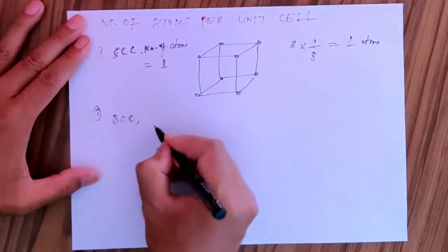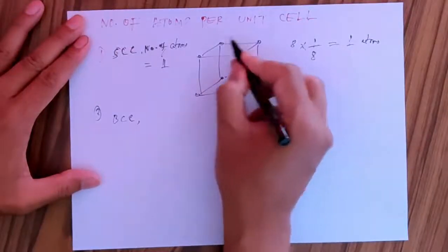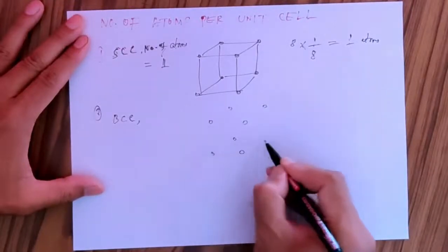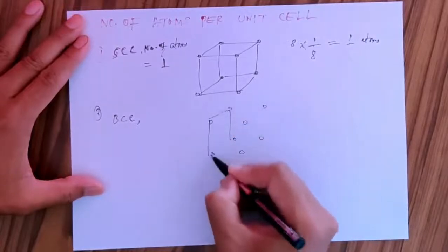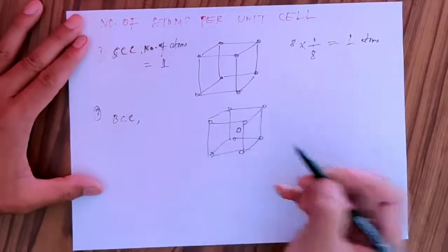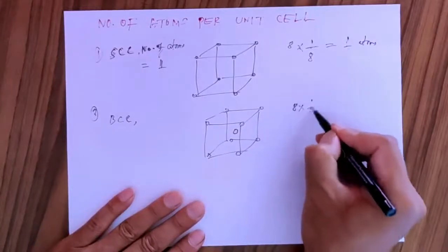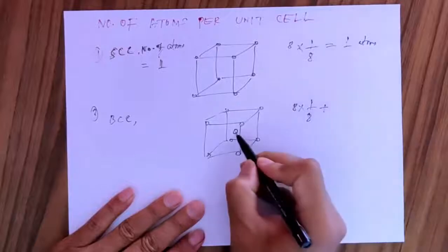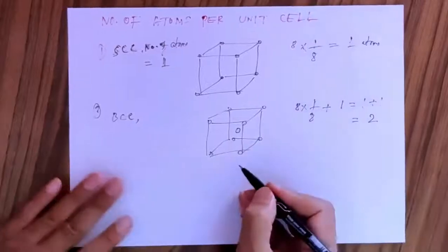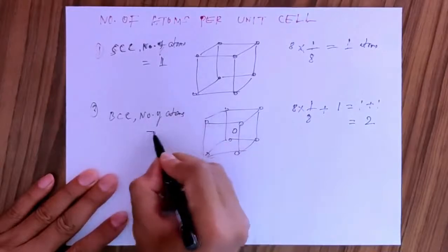Now BCC. BCC has one body center. So the corners' contribution is 1, plus the contribution of one body center, which is 1. So in BCC there are 2 atoms.